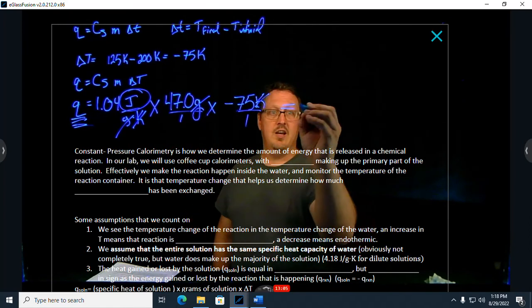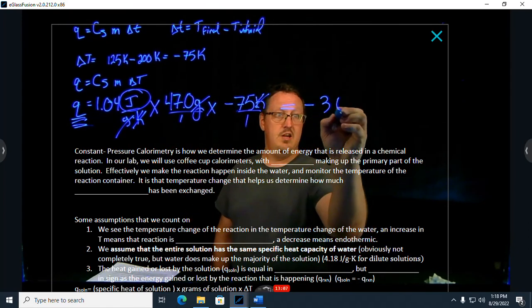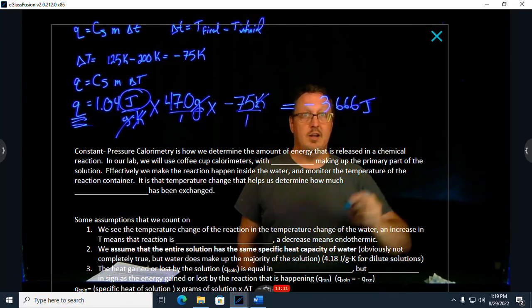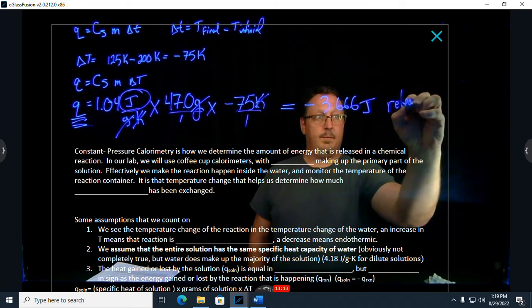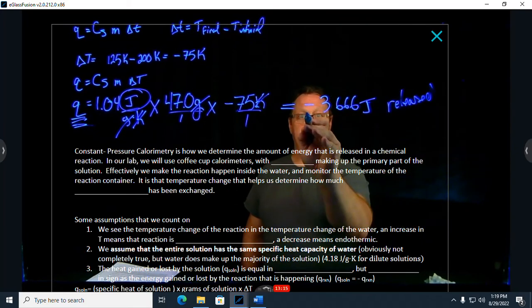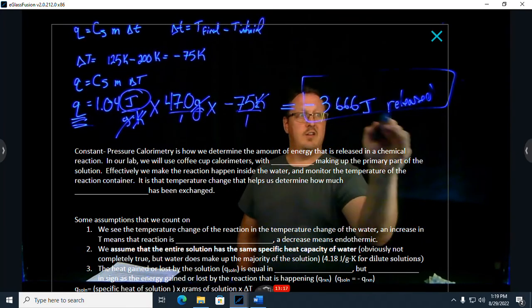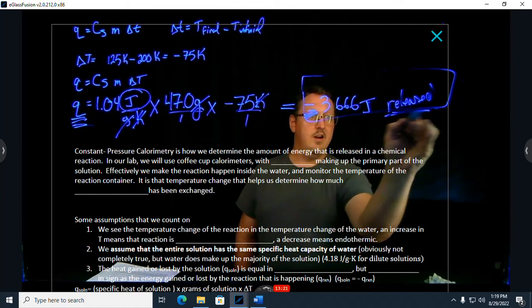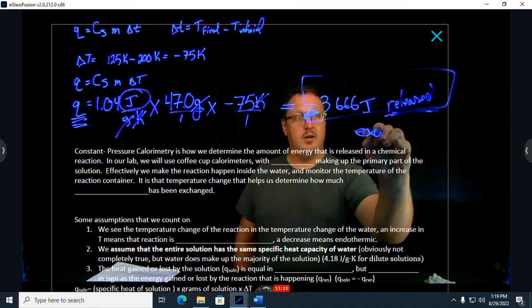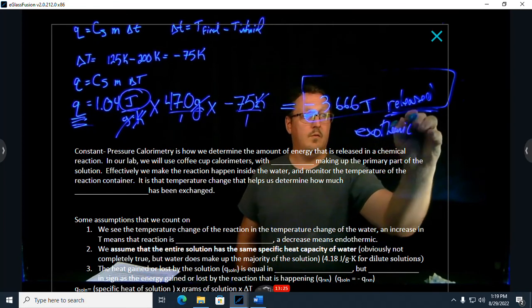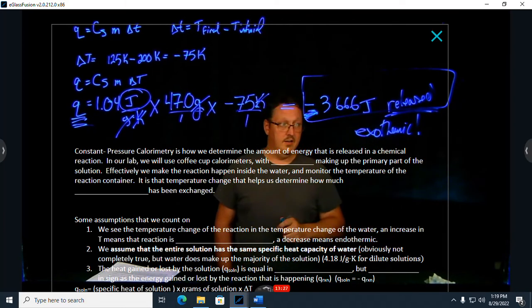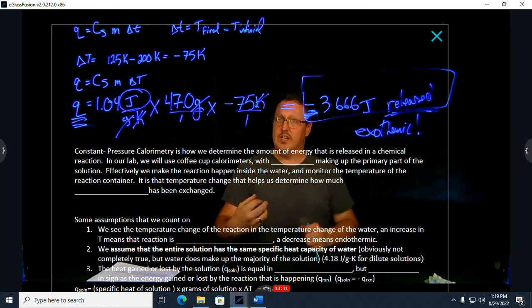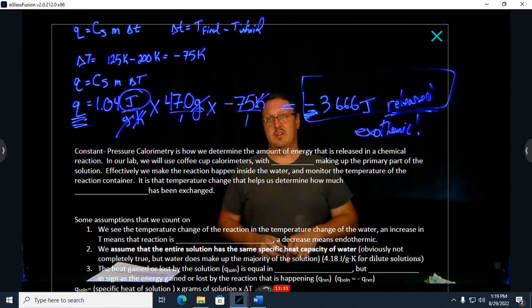We should get negative 3666 joules of energy being released. This is a negative sign, okay, released. There are two ways to say that this is exothermic. So that is an exothermic reaction. We're taking heat out of that hot gas, we're cooling it down, and so the energy is being released out.